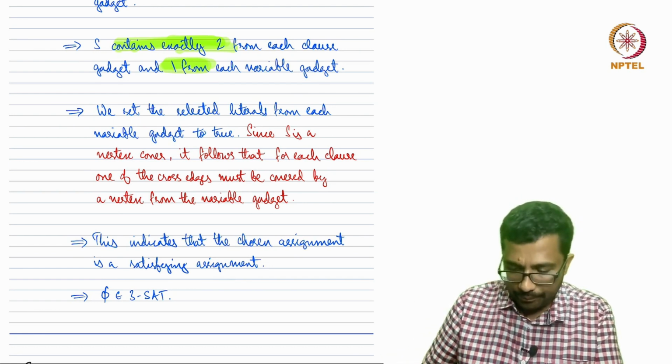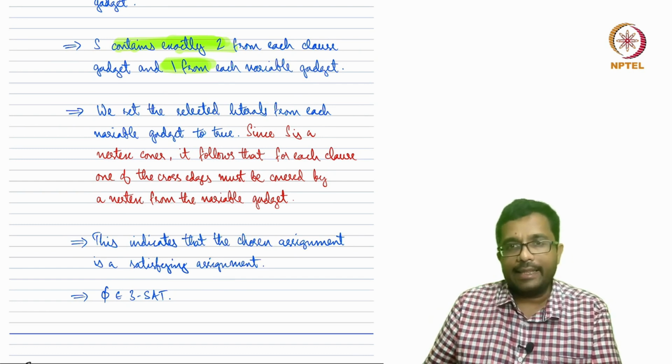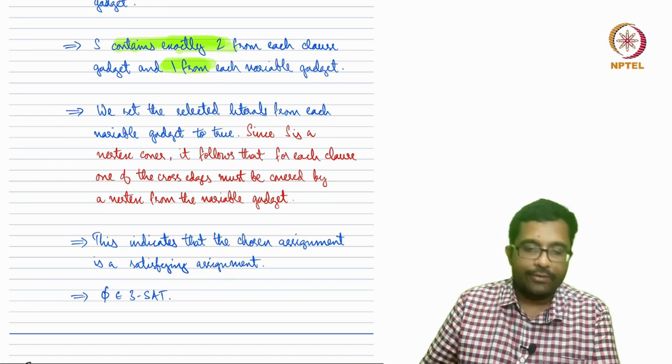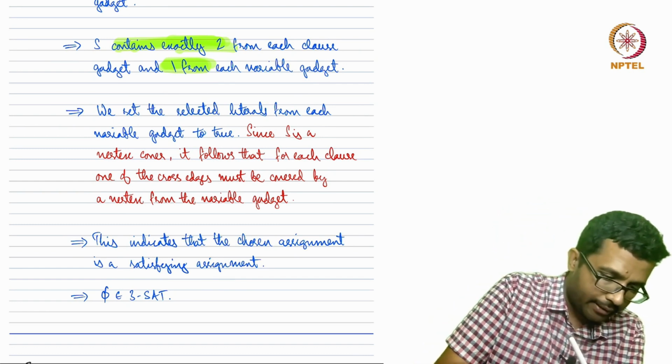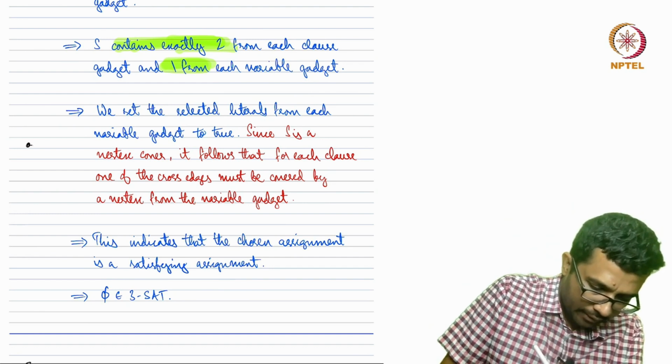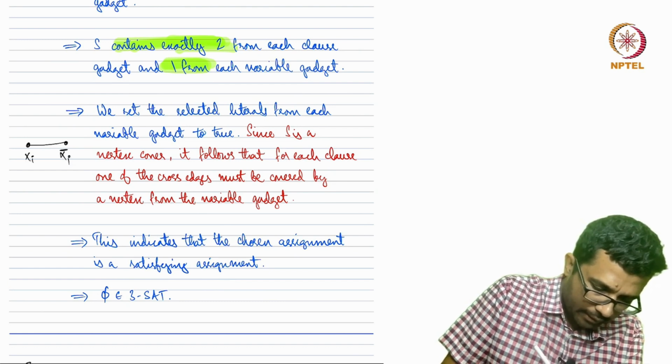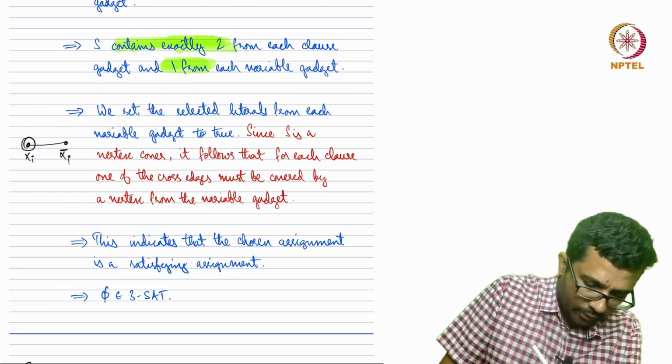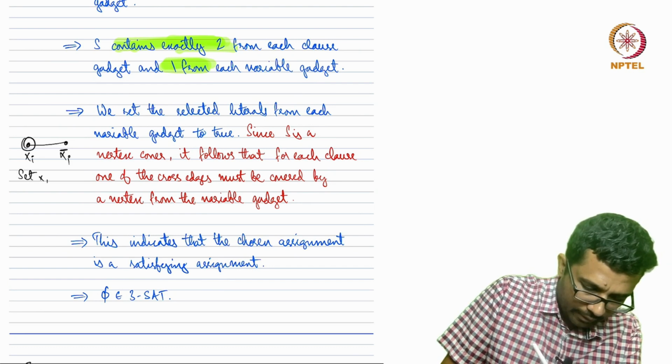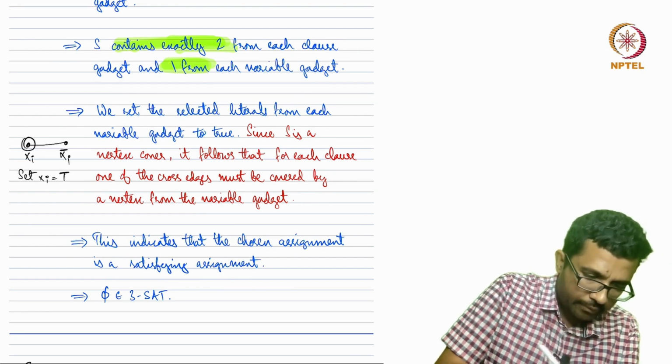So you look at the selected literals from each variable gadget. Maybe I'll just write it again here. Suppose some xi is picked, so we set xi to true.